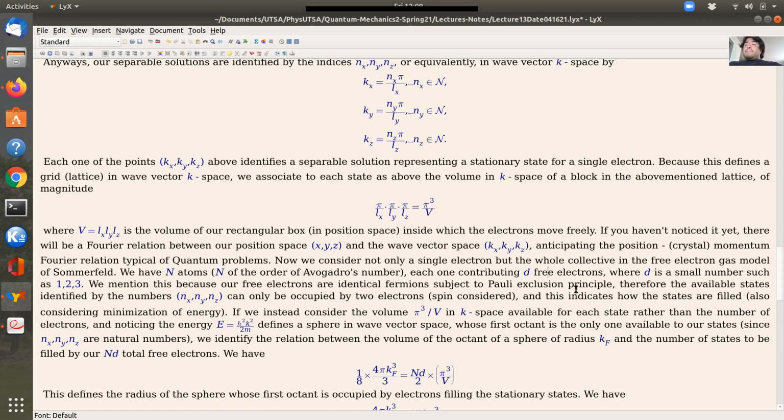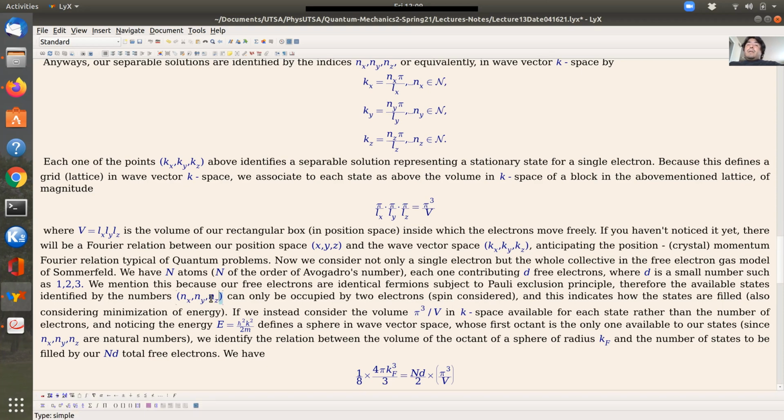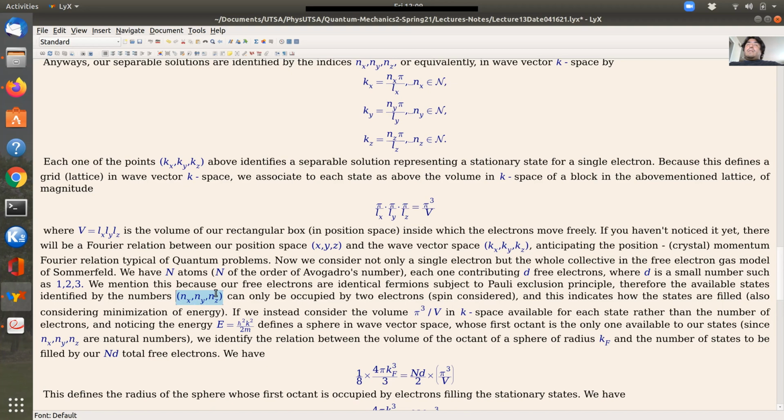And so if you remember, when we added the spin considerations, we said the electrons can be basically in the same spatial state, but they have to be distinguished by the spin. So that means that for any separable state that governs only the spatial part, you can have two electrons, right? That is because of spin considerations.